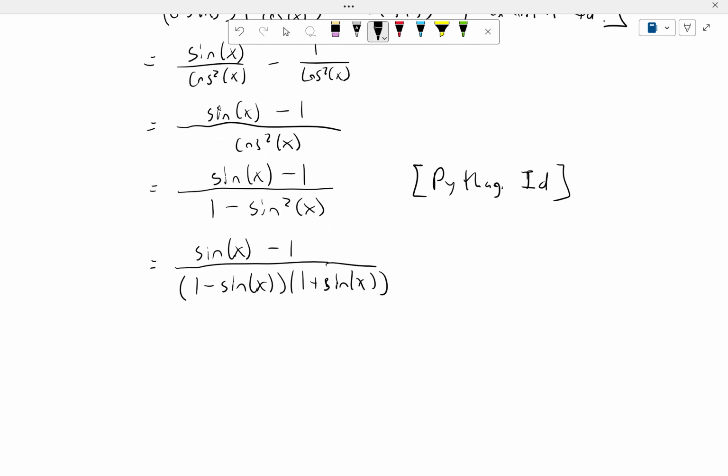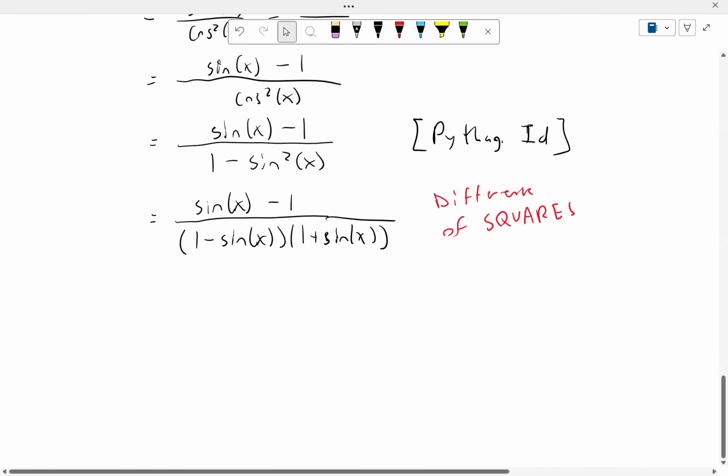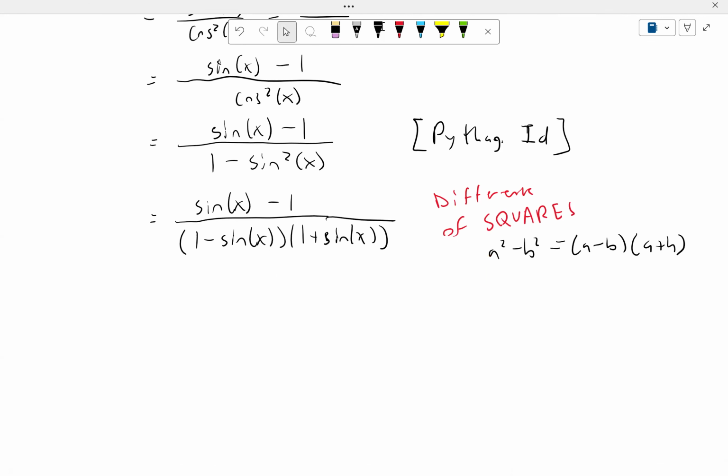You might remember from college algebra the difference of squares formula. I just used something called the difference of squares. You might look that up if you have trouble factoring that. It basically says this: if we have a squared minus b squared, that's always going to be a minus b times a plus b. Now we're almost in a place where we can cancel things off.